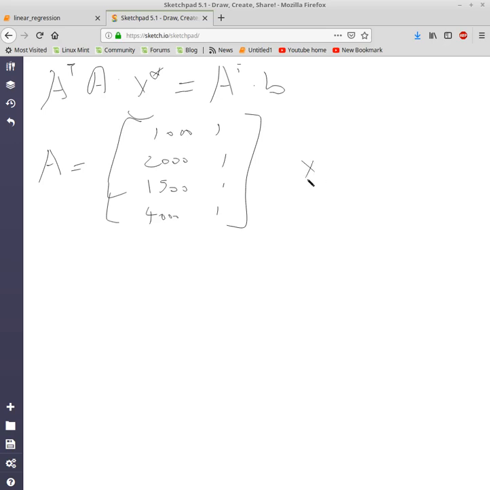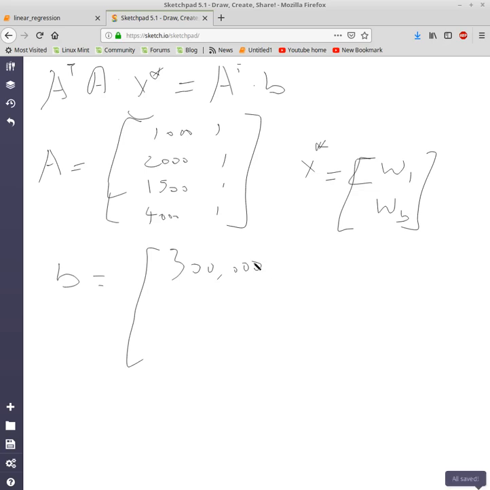X star could equal W1 and then WB, and then B could equal 300,000, 600,000, 450,000, 1 million.